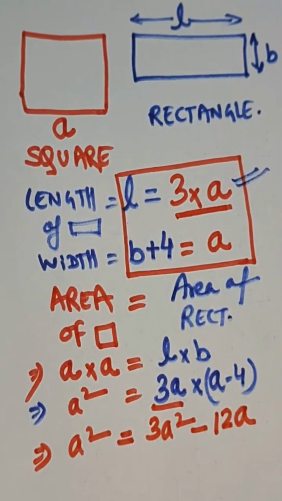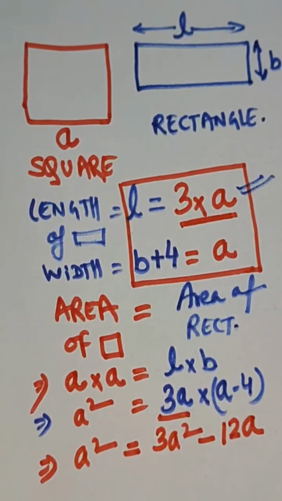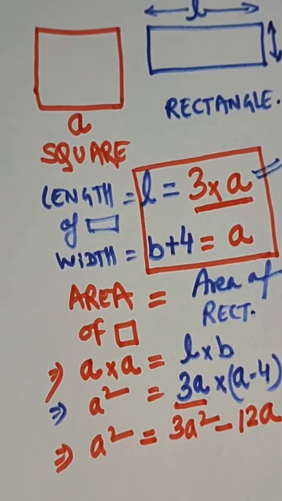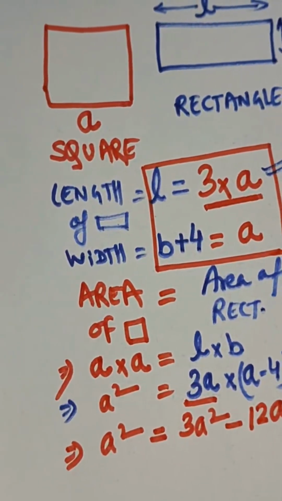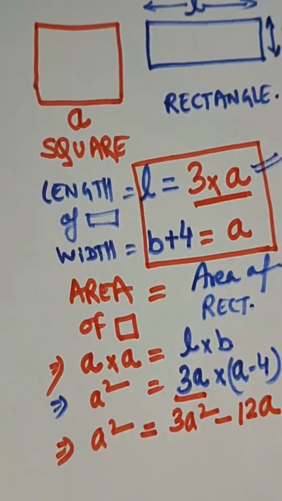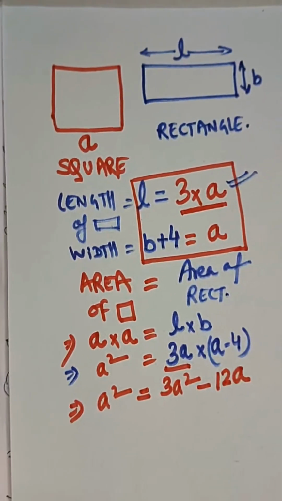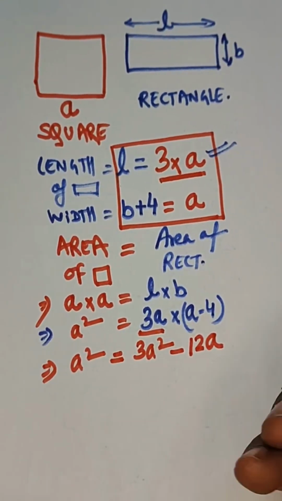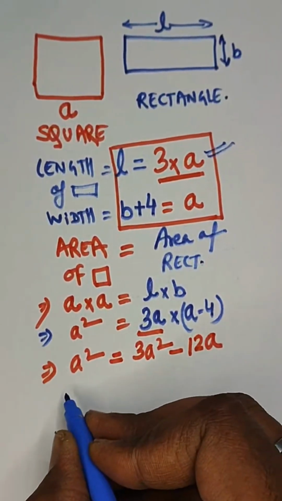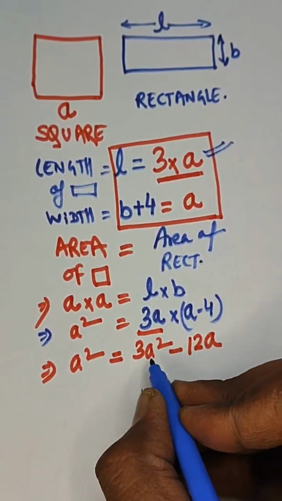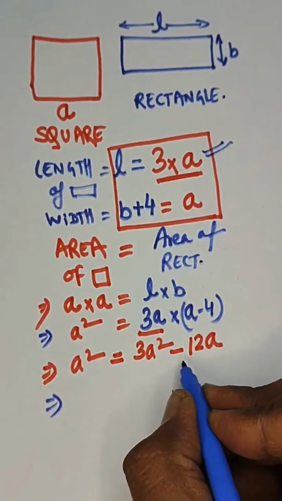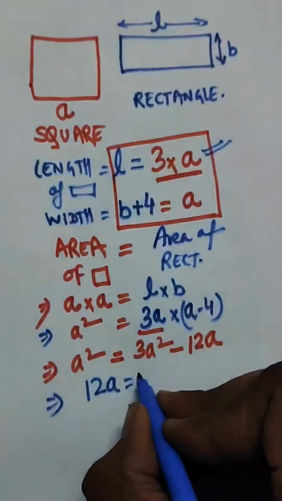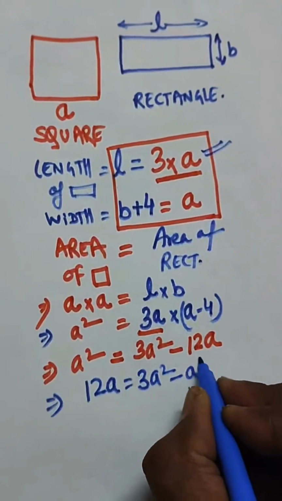When you solve it, first you can cut one A. Before that, 12A going into the LHS will become plus, and A square going into the RHS becomes 3A square minus A square.